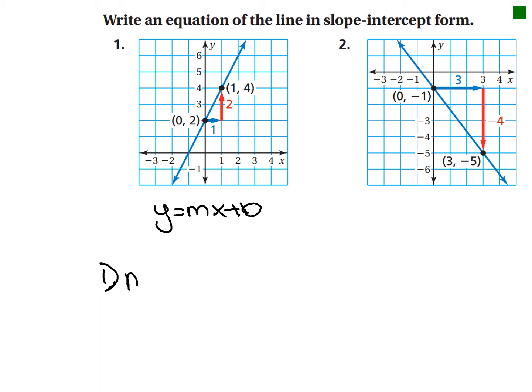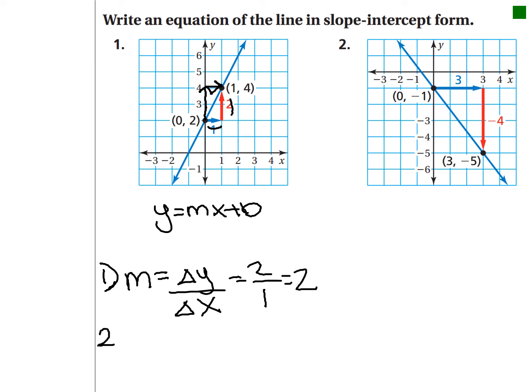I'm going to start with the slope, so m equals, and I prefer to always figure out what the change in y is first, so how much it goes up. This picture tells me that first they went the change in x, and then they did the change in y, but I prefer to go change in y first, which is 2, and their run, change in x, is 1. So I found the slope is 2.